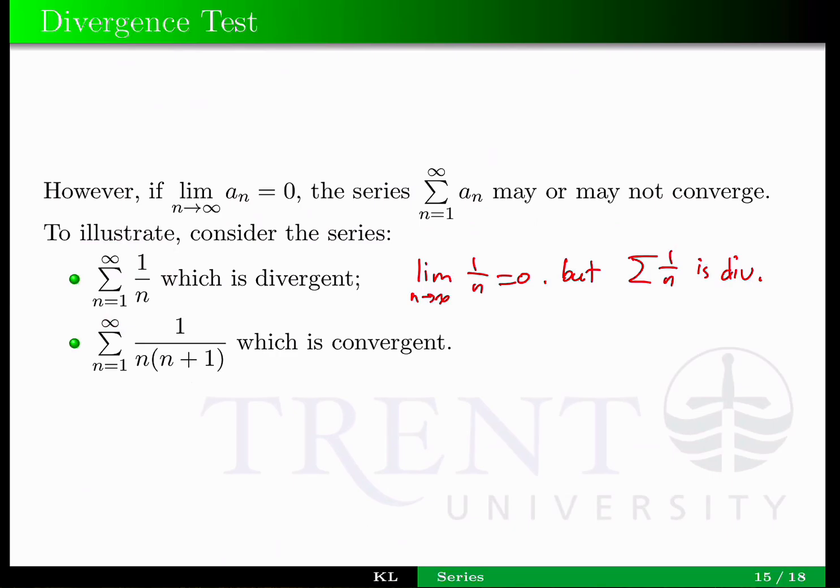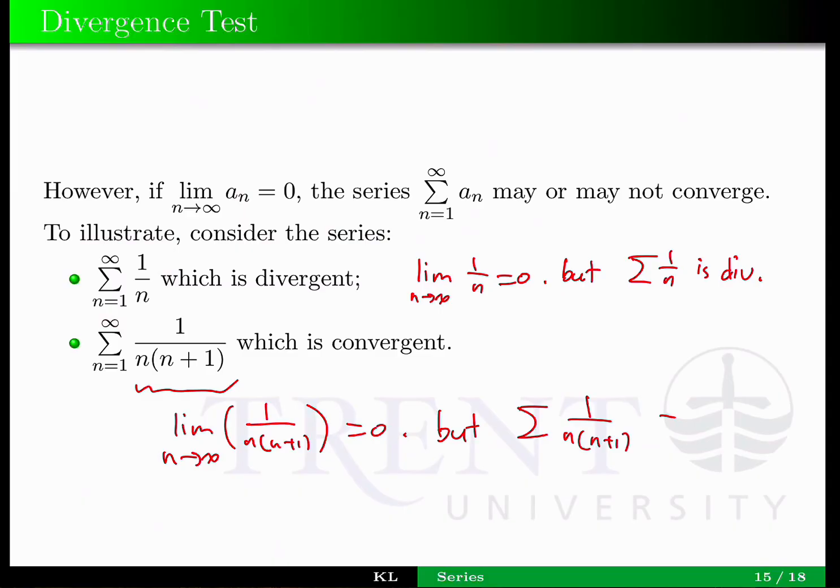Okay? This one, the limit of 1 over n times n plus 1, as n approaches infinity, is also equal to 0. But the series, we already calculated, is actually equal to 1, from 1 to plus infinity.